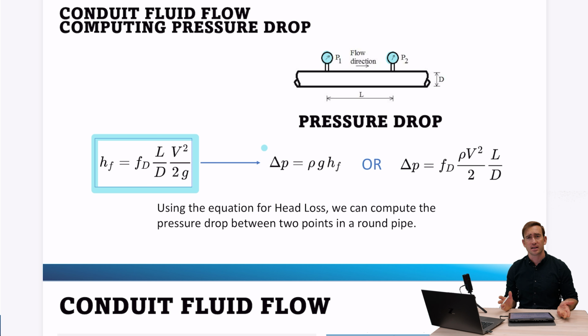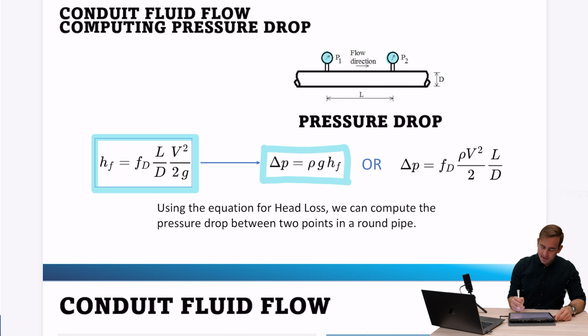And this should make some sense because, again, that's just our Bernoulli equation that we discussed earlier in the class, which had the base units of pressure. If we wanted to write that just a little bit differently, we could combine these two equations here, and we get that the change in pressure along a pipe is equal to the following, which is our friction factor times rho V squared over 2 times the L over D.